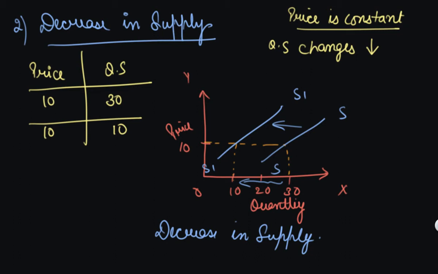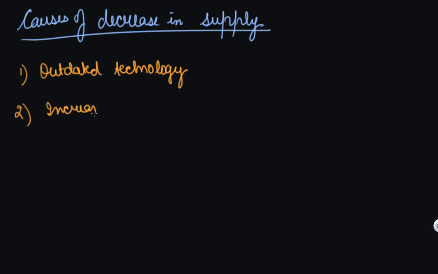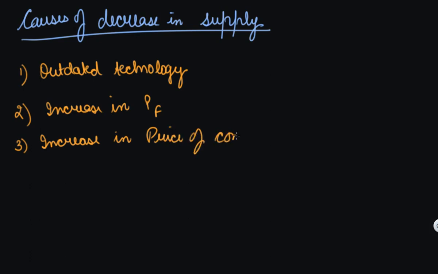So let's see the causes of decrease in supply. Why does your quantity supplied decrease? Number one, it can be outdated technology. Second, an increase in the price of factors of production. Third, an increase in the price of competing goods. Fourth, a decrease in the number of firms.